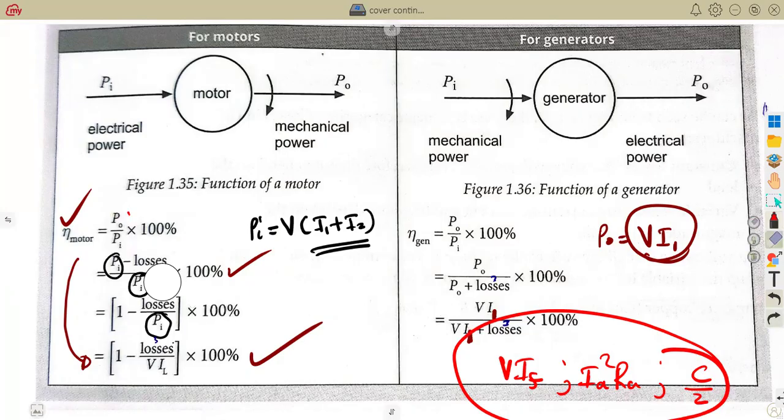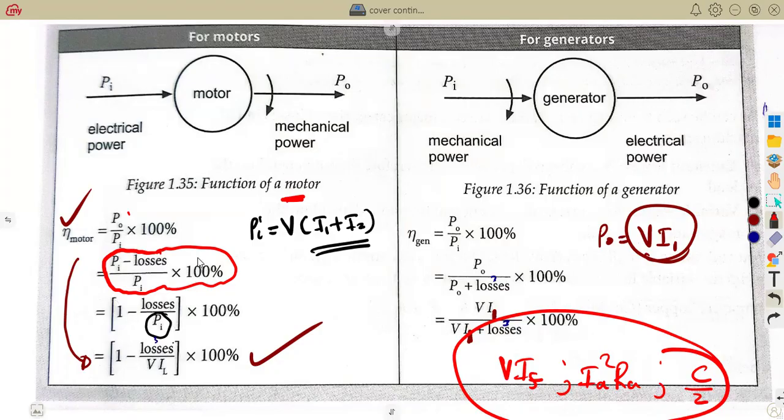Knowing that efficiency is input minus losses over input times 100% for a motor is enough for me to calculate efficiency. That part of dividing this and that, I explained it's not even necessary.